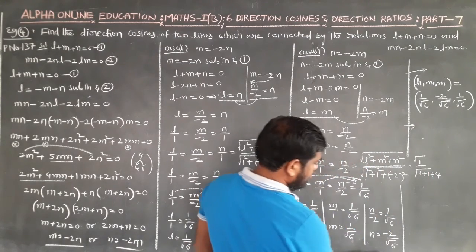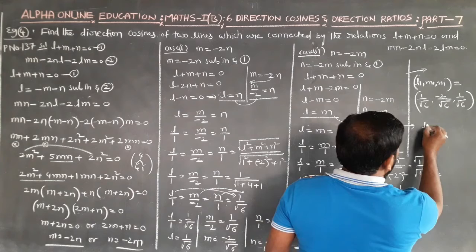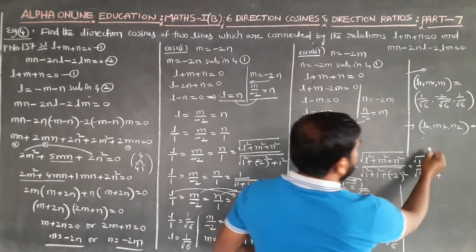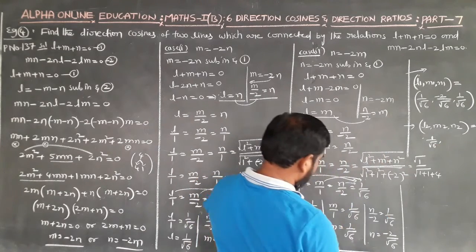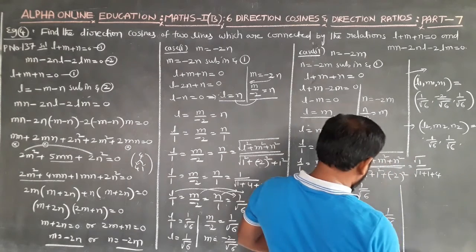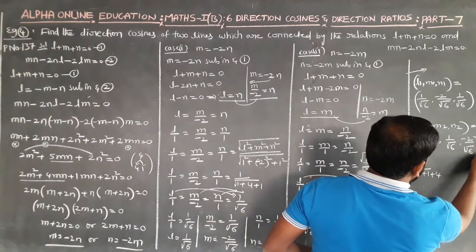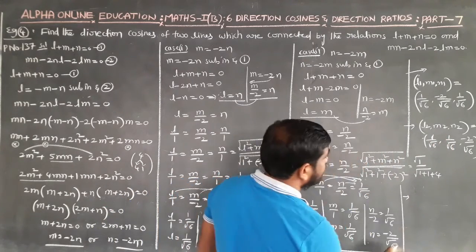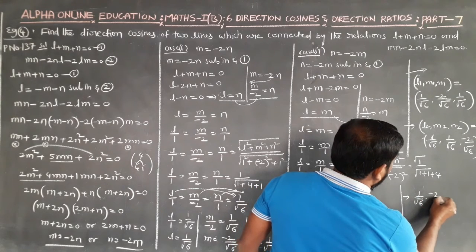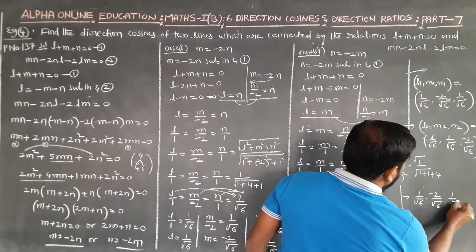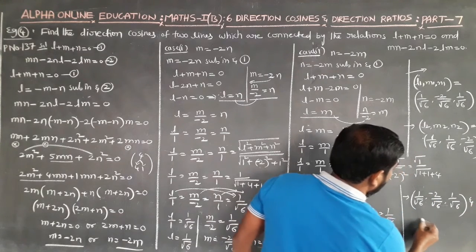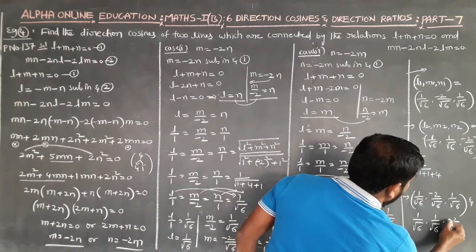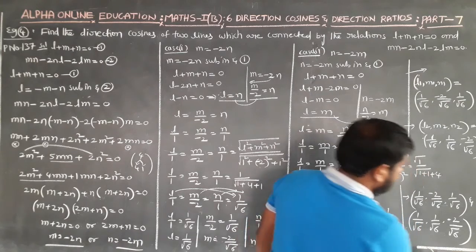Again second line DCs L2, M2, N2 is equal to 1 by root 6, 1 by root 6, minus 2 by root 6. So the DCs are 1 by root 6, minus 2 by root 6, 1 by root 6 and 1 by root 6, 1 by root 6, minus 2 by root 6. This is the answer.